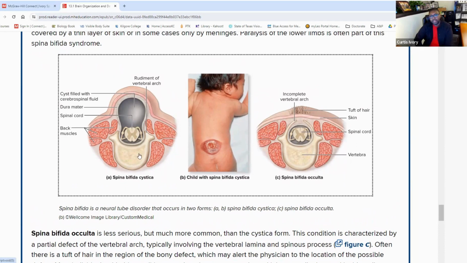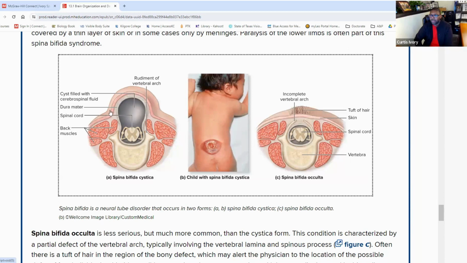Here we can see the vertebral body of the vertebrae. If we go back to the bone chapter, if you look closer, you don't see the transverse processes and the spinous processes because there aren't any. So there's nothing to protect the spinal cord or the tube that runs along the spinal cord to circulate the fluid.